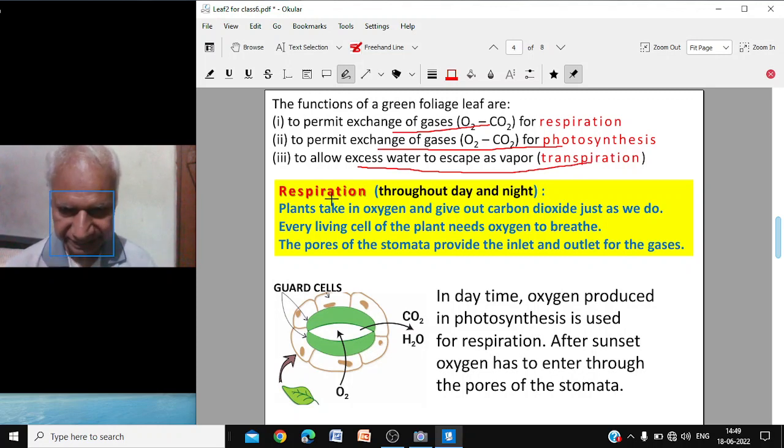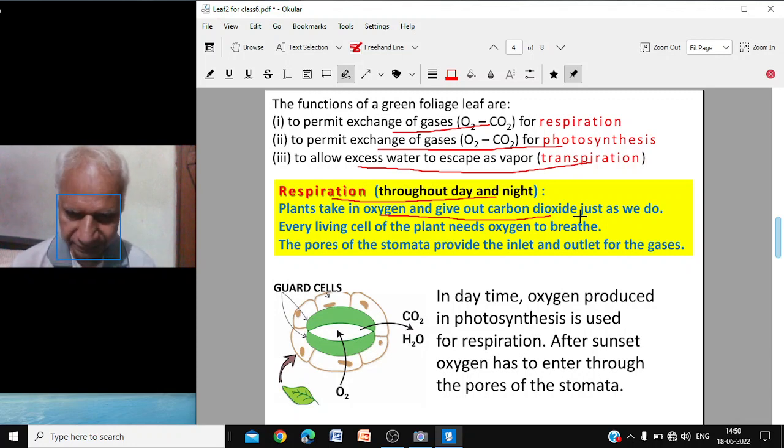Now first we will deal with respiration or breathing, which takes place throughout day and night. Respiration or breathing takes place in every living cell, every moment of life. Plants take in oxygen and give out carbon dioxide just as we do. In terms of gaseous exchange, there is really no difference between the way we breathe and the way a plant breathes.